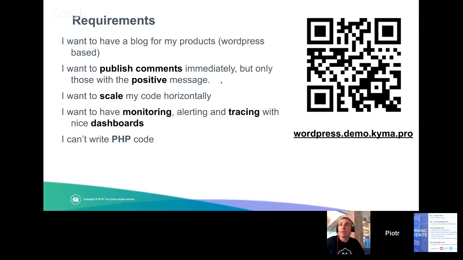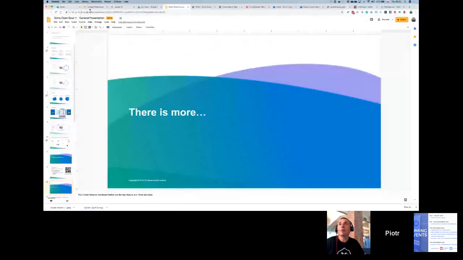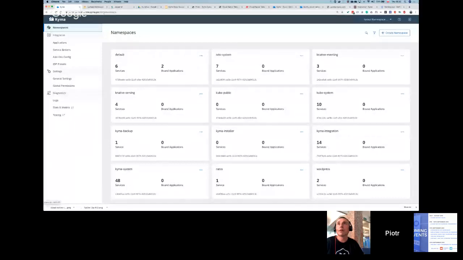Let me switch quickly to the live demo. So I have Kyma installed here, and this Kyma instance has the code to do the scenario I presented in the requirements.